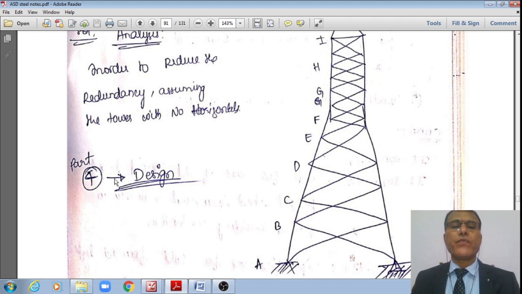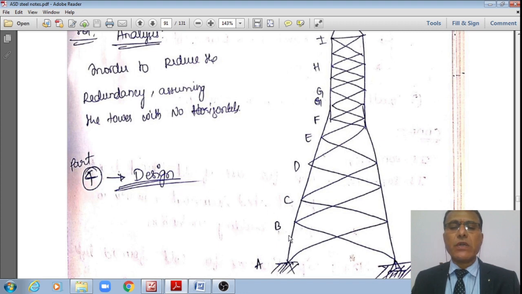And the fourth problem is that once I know the various forces, here some 68 kilonewton as well as some 7 kilonewton in the diagonal, now I need to design the various members. Already we have assumed the column section as ISA 130 by 130 by 8 mm at the rate of 0.109 kilonewton per meter.